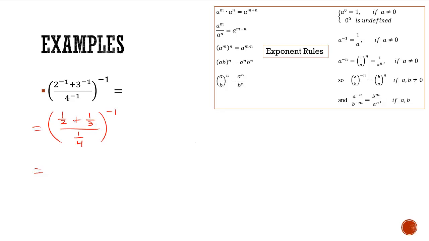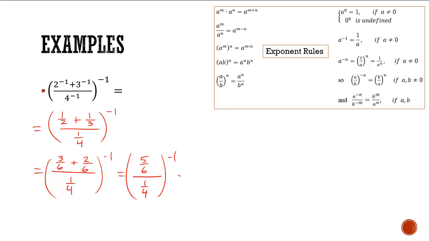1/2 plus 1/3, so that'll actually be 3/6 plus 2/6, over 1/4. So that'll be 5 over 6 over 1 over 4, to the -1. So this is really a division, and remember to divide fractions, you're going to multiply by the reciprocal.